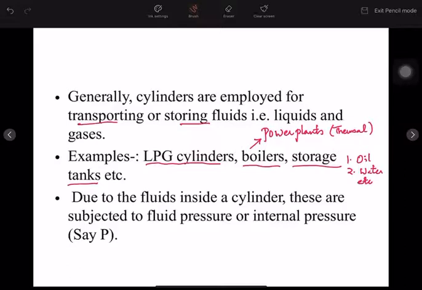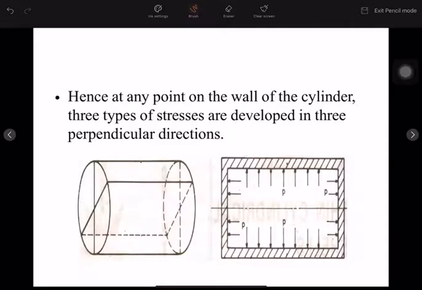Due to the fluids inside a cylinder, they are subjected to fluid pressure or internal pressure, which we can call capital P. Diagrammatically, if we consider a cylinder like this, these are the walls of the cylinder.